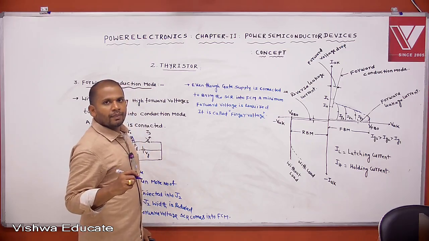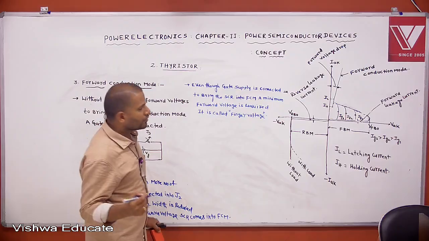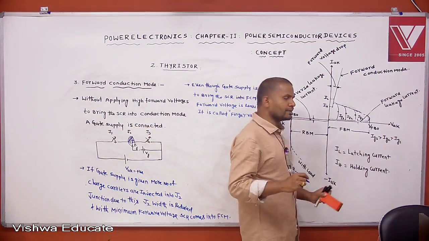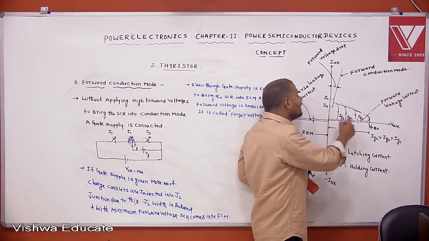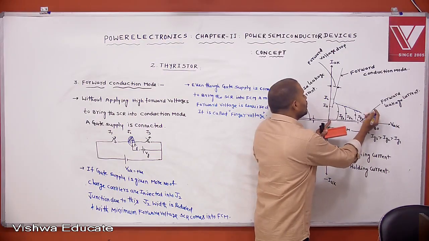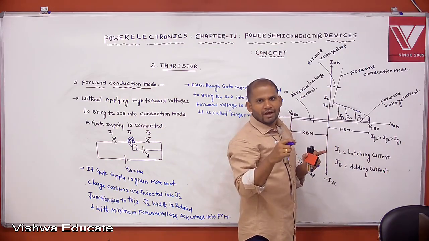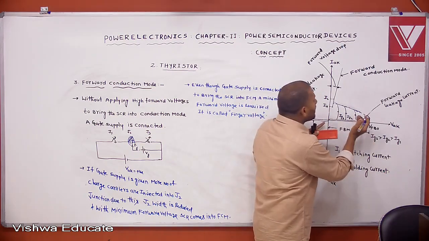You must connect gate supply, but some minimum voltage is required. This I represented here. Without any gate supply, this much of voltage is required to bring the SCR into conduction mode. For example, a small IC1 is applied.